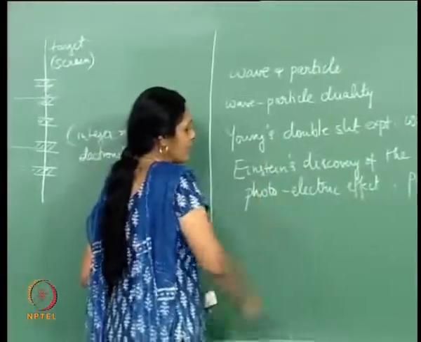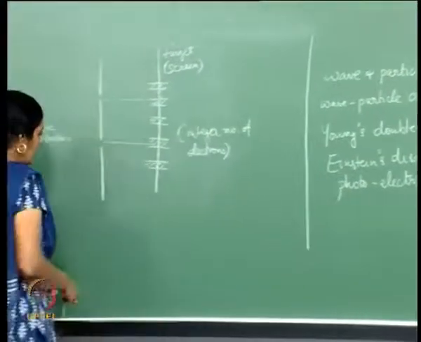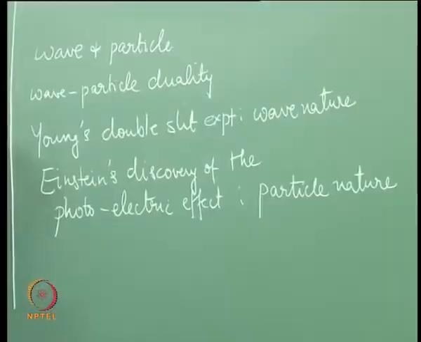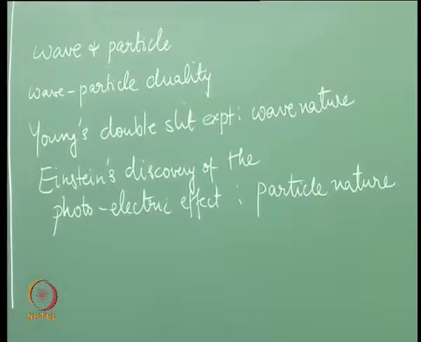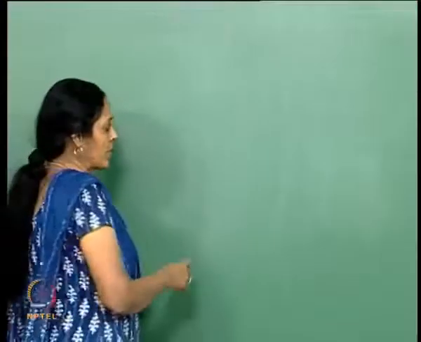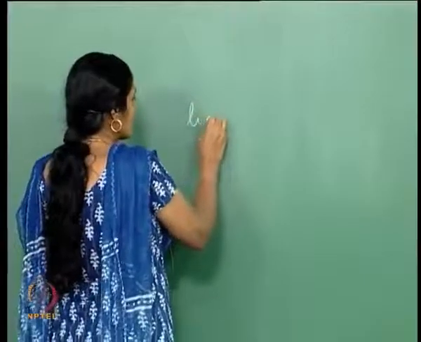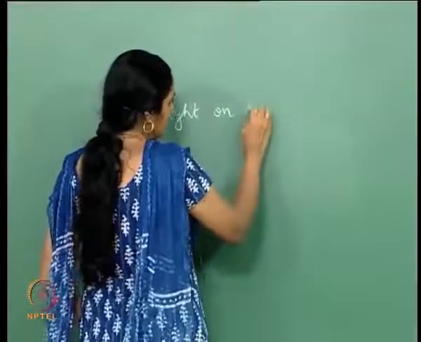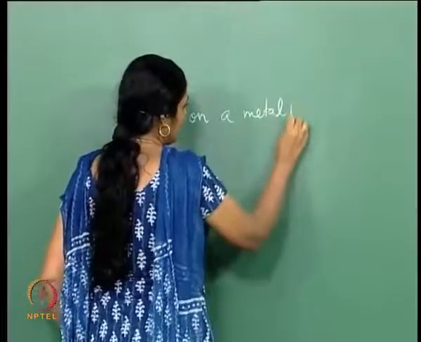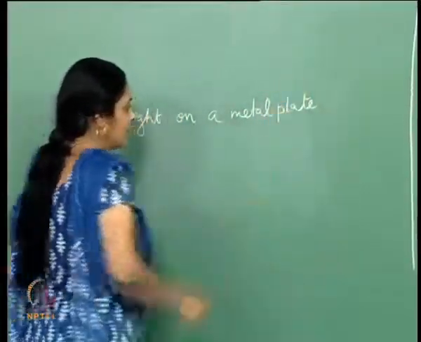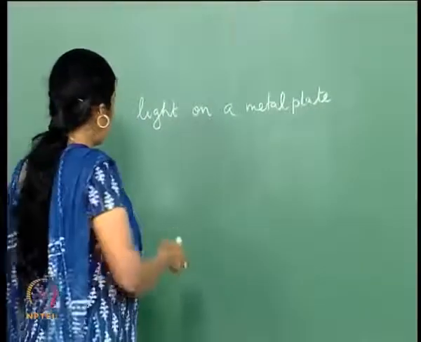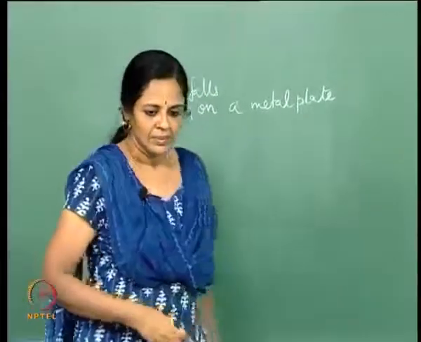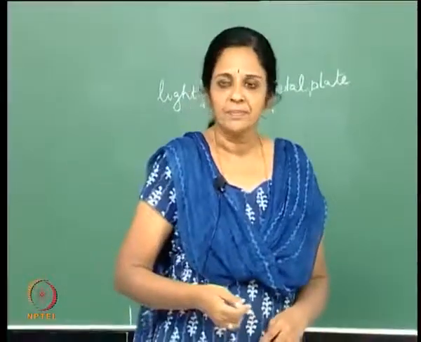Consider, on the other hand, the photoelectric effect. Now, in the photoelectric effect, light is shone on matter, perhaps a metal, and electrons are emitted.